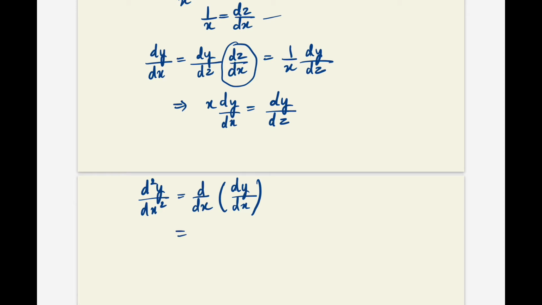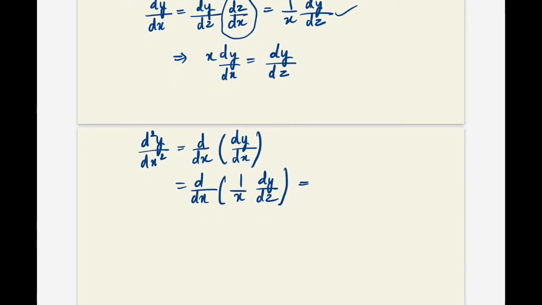This becomes dy by dx is already this one, 1 upon x dy by dz, d by dx of 1 upon x dy by dz. This becomes minus 1 upon x square dy by dz plus 1 upon x d2y by dz square dz by dx.